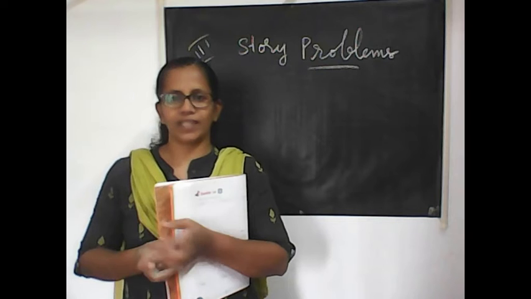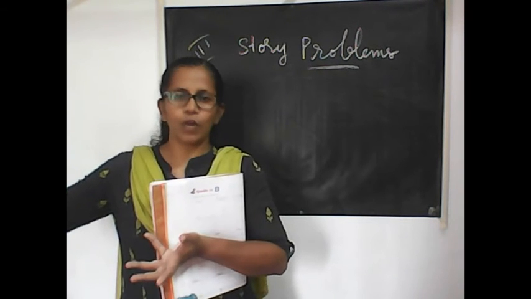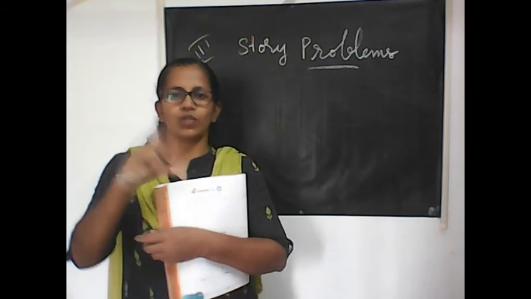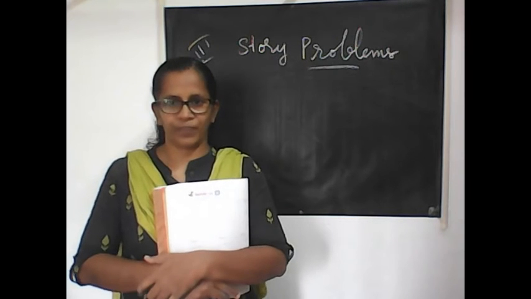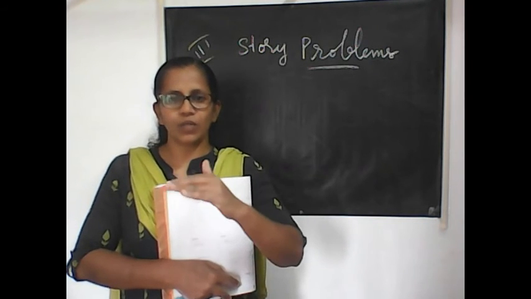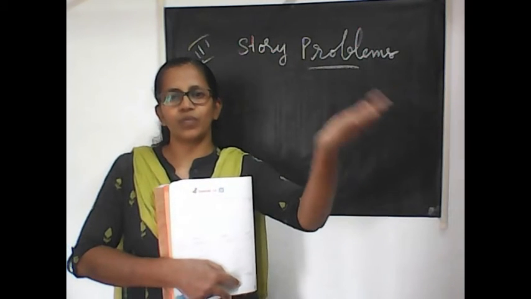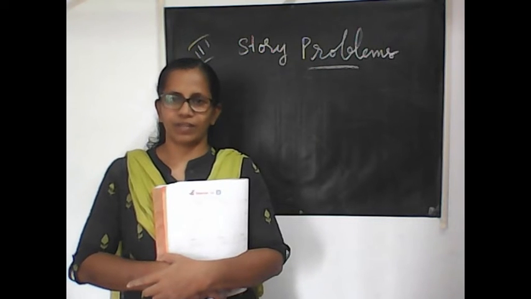Just the reverse happens in division. The larger quantity will be given, that is, the cost of 15 pens is 1000. Find the cost of 1 pen. Then it is division. Whenever they ask you to find more, it is multiplication. When it is asked to find less, that means 1, it is division.